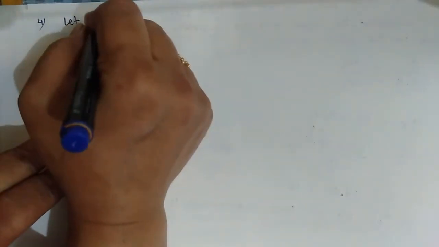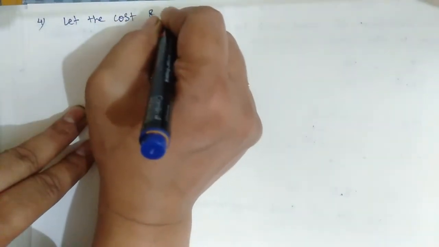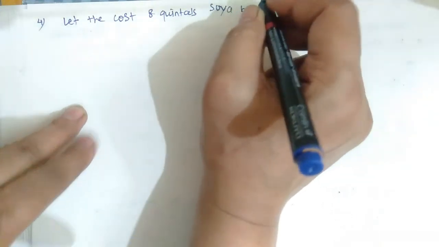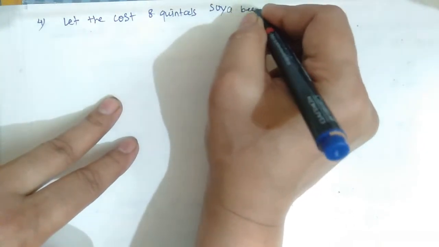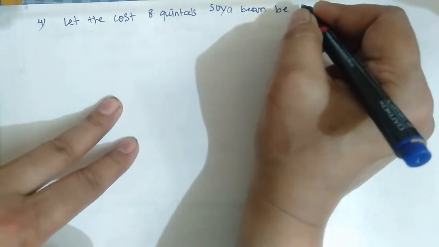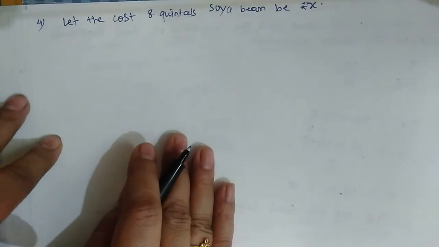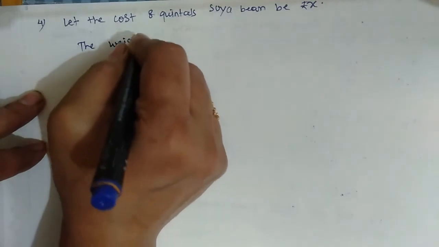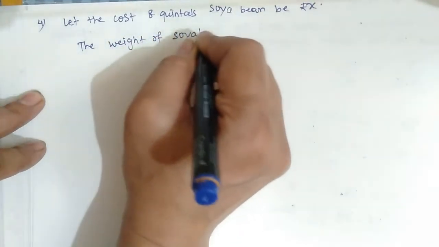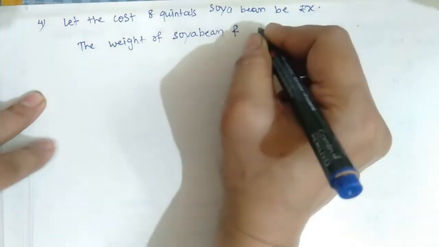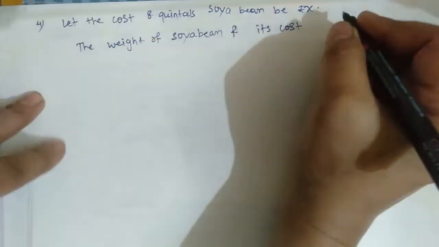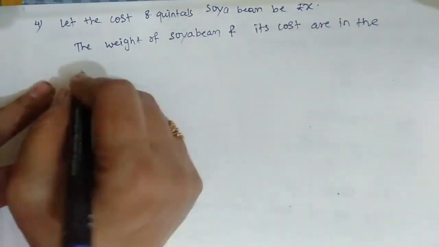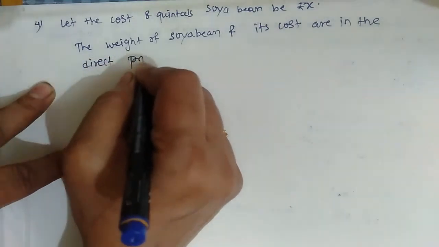Let the cost of 8 quintals soybean be X rupees, and we know that the weight of soybean and its cost are in direct proportion.